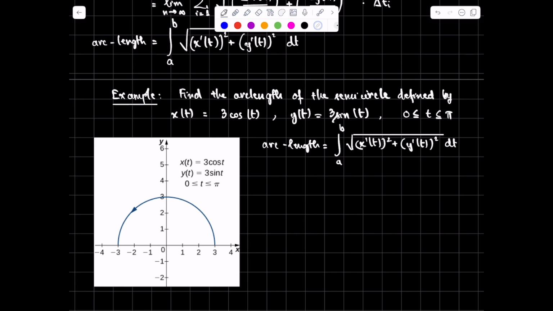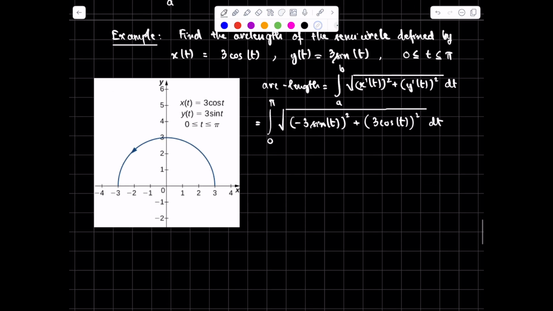For x of t equal to 3 times cosine of t and y of t equal to 3 sine of t, for t between 0 and pi, the integral becomes the integral from 0 to pi of the square root of (x prime of t is -3 times sine of t) squared plus (y prime of t is 3 times cosine of t) squared.